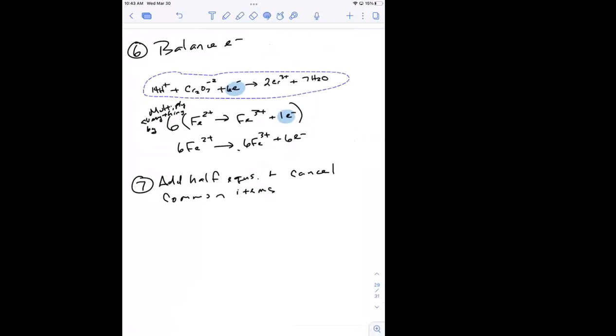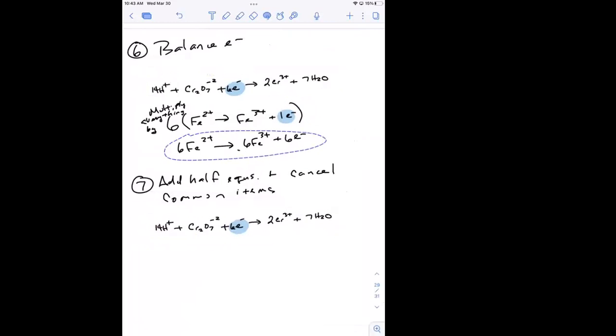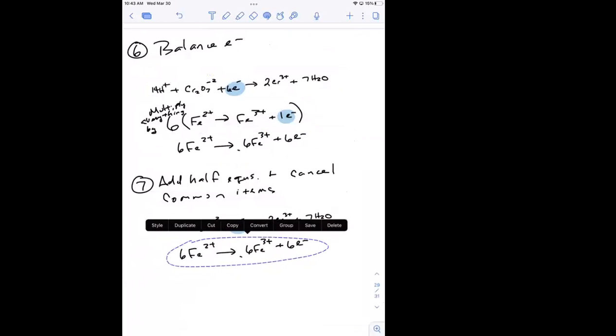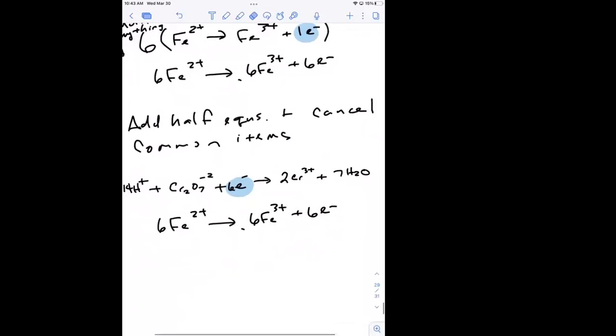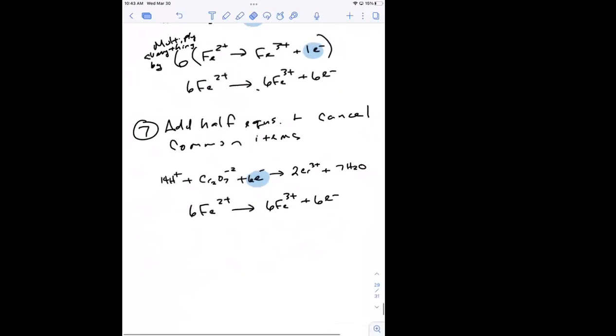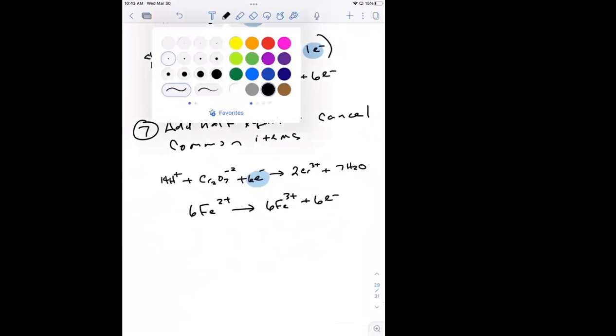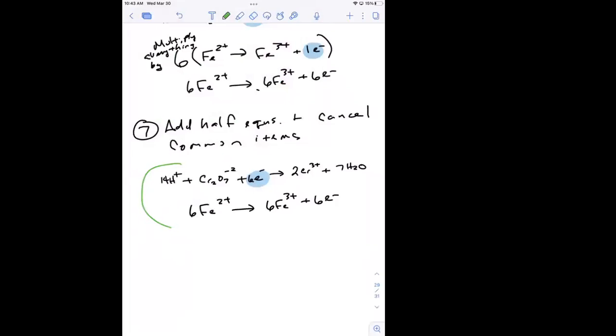So let's bring this down. And let's bring this one down because now that's what we're working with. All right, so anything on the left side of the arrow, we're going to add together. So all of this stuff is going to get added. And then anything on the right side of the arrow, I'm going to add all that together.